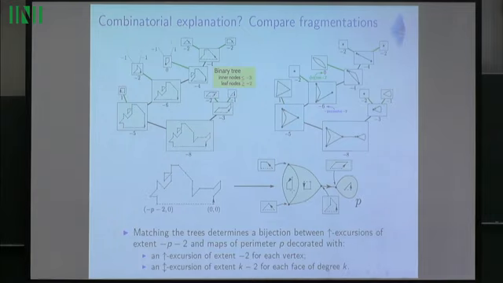Now I've slightly cheated when I did this, because I assumed that in these binary trees there is always a canonical ordering of the branches. But this is not quite true for this fragmentation of the planar map. Certainly when I remove the root edge and I get two disconnected components, then there is a component sitting at the tail of the root edge and one sitting at the head, so that gives a natural ordering.